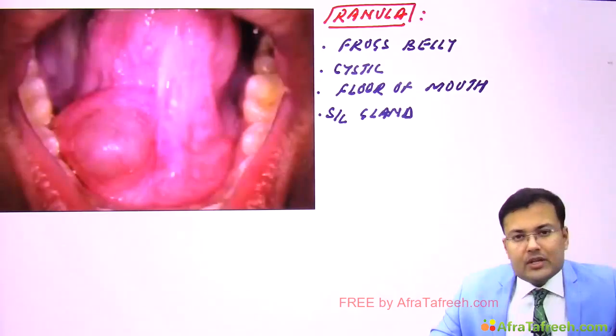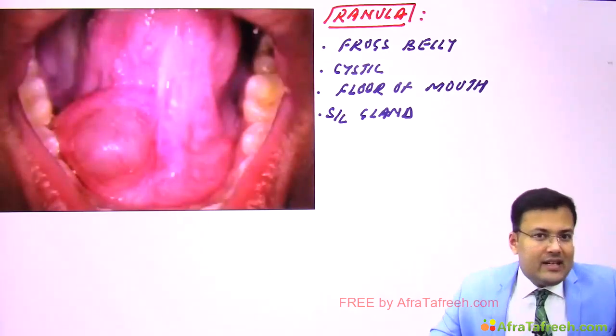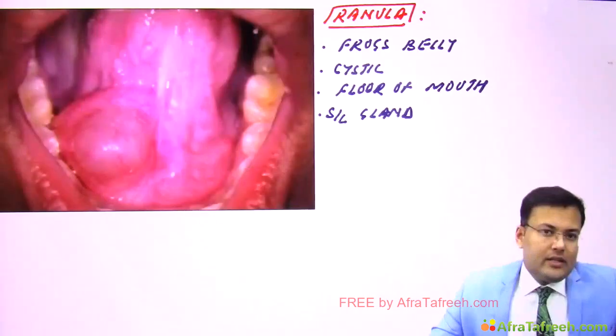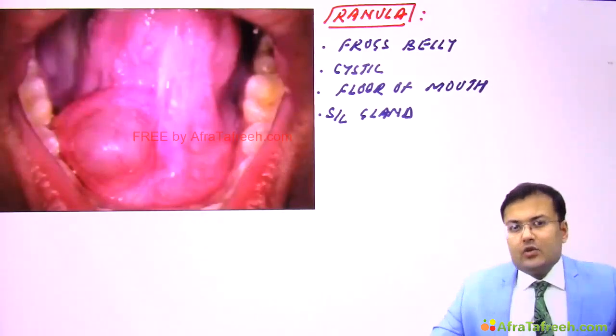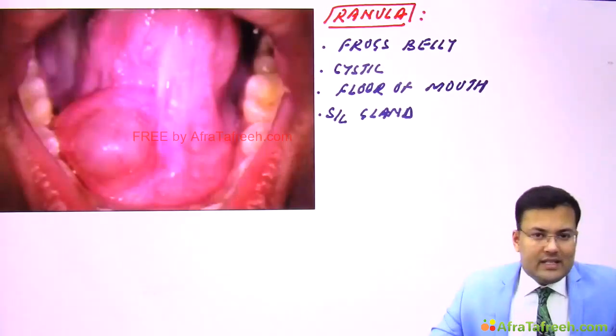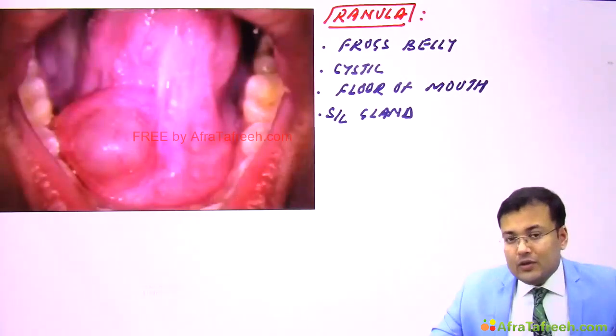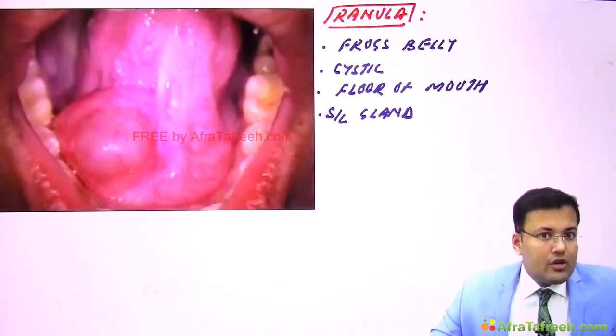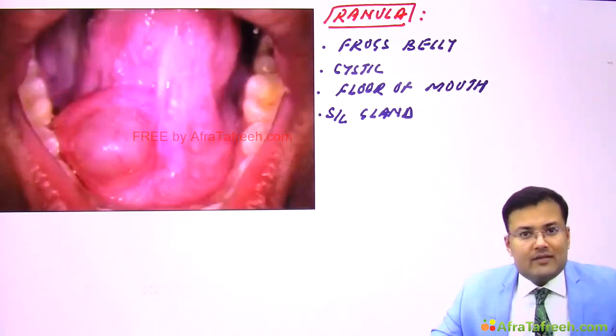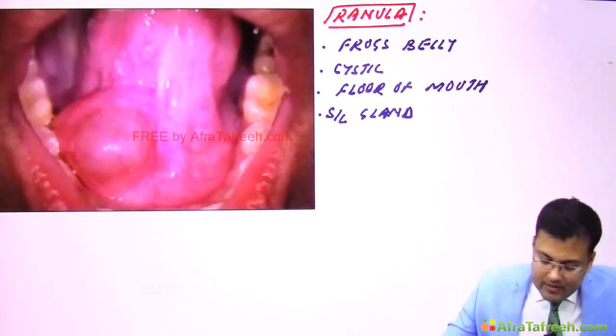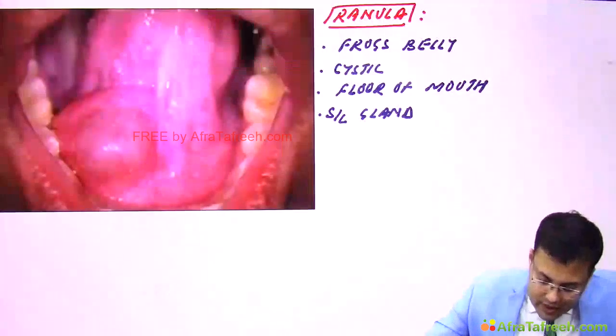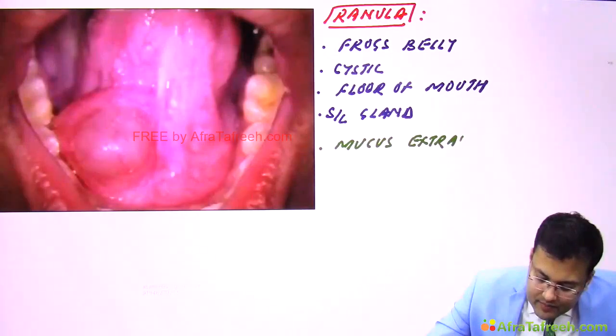Sometimes there is obstruction of the duct and retention of secretions. This is known as a retention cyst. So ranula can be both, but most commonly it is a mucus extravasation cyst. Clear? You have to remember that.